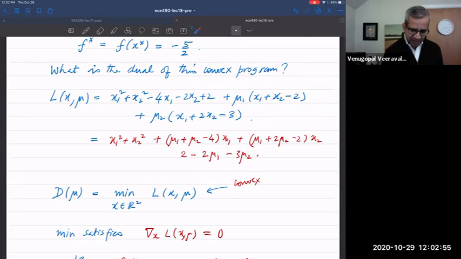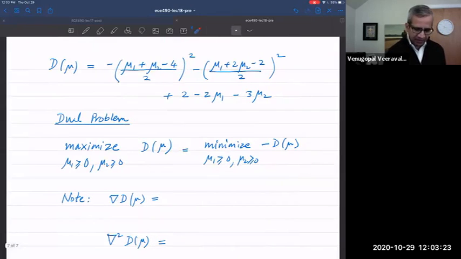This is the same thing as x1 squared with a negative sign, but it's twice as large because this is divided by 4 and this is divided by 2. So you just get the negative of (mu1 plus mu2 minus 4) squared divided by 2, and the same thing with this term, and then these terms will remain. So this term and this term get combined, this term and this term get combined, and you end up with this expression.